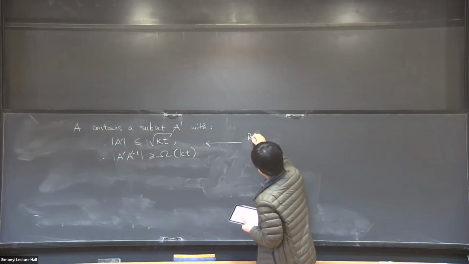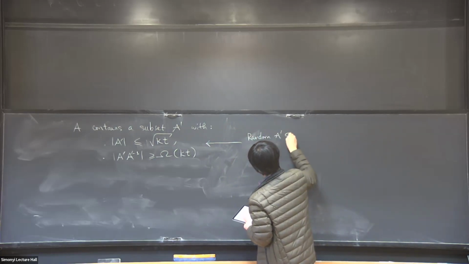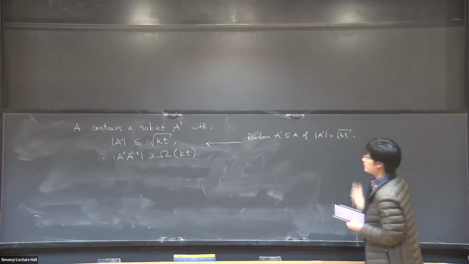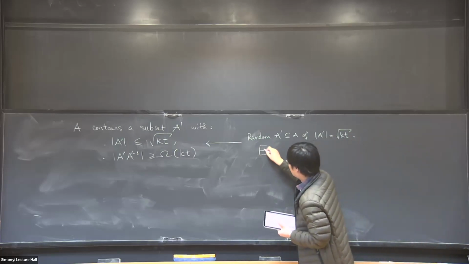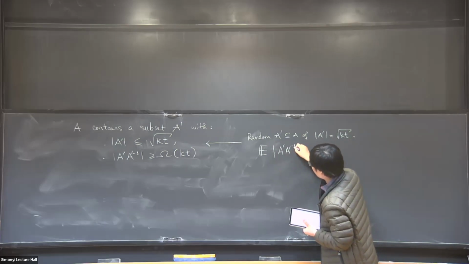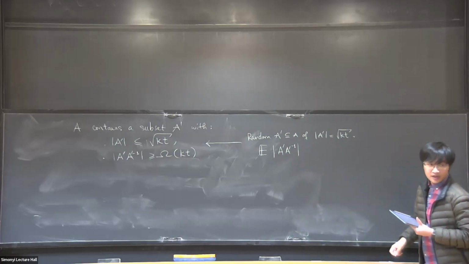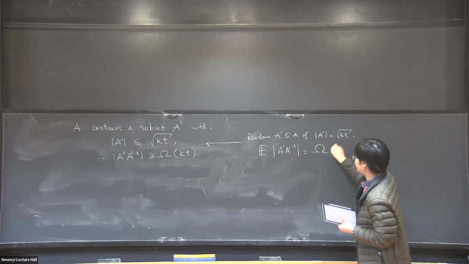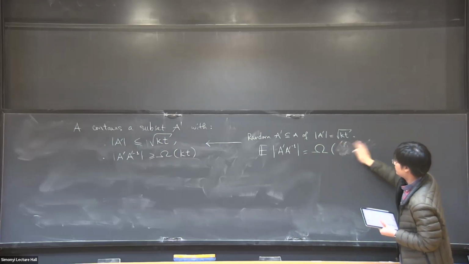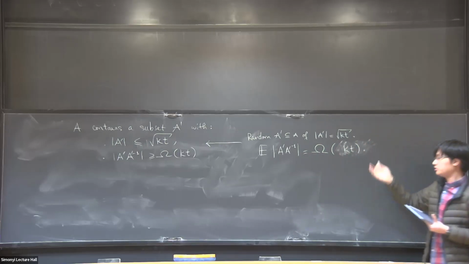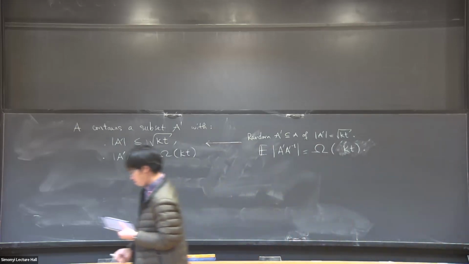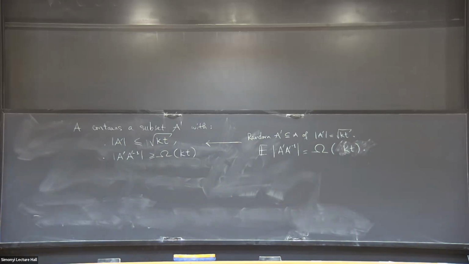We can just take a random subset A prime of A, of size, let's say, equal to square root of K times T. And you can check that the expected number of elements of A times A inverse that will land inside this product A prime times A prime inverse is always at least some constant times the size of A inverse, let's say a constant times K times T. So there always exists a choice of a subset A prime with the property that we require. We can just take an appropriate random subset of A.